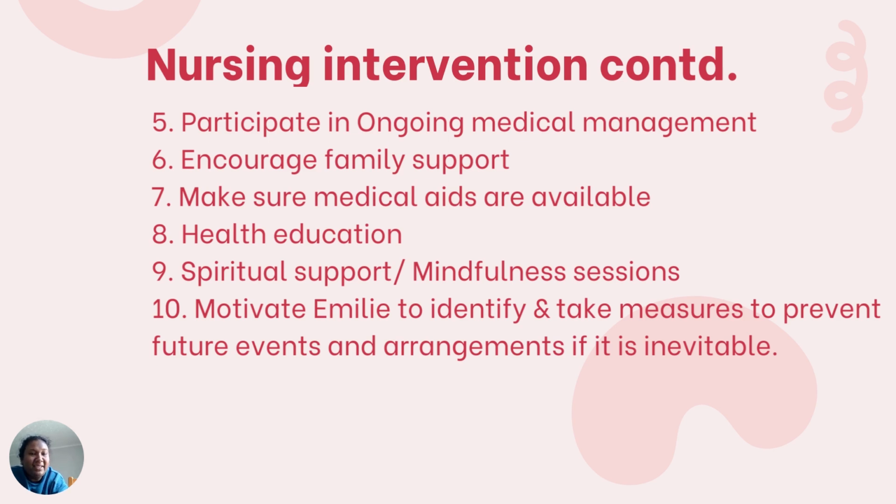I would also ensure that she has enough idea of what her condition is. If not, I can provide basic health education, or refer her to the appropriate healthcare professional. I would also, depending on her culture, religion and background, recommend support such as spiritual support or mindfulness sessions, and motivate her to identify any future events so that she can avoid hospitalization.